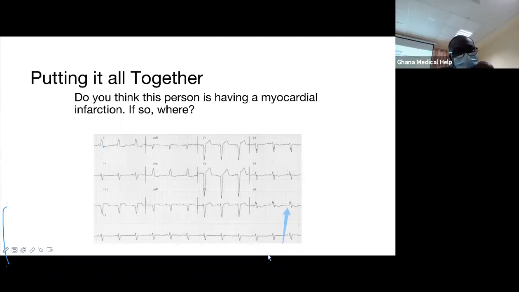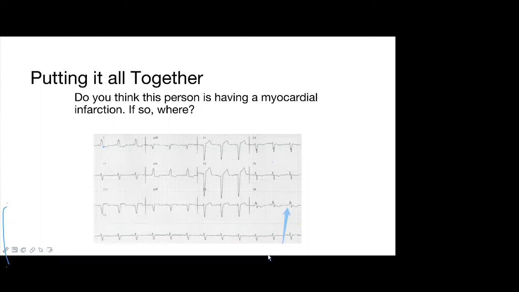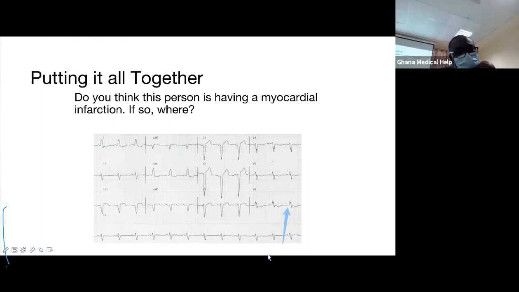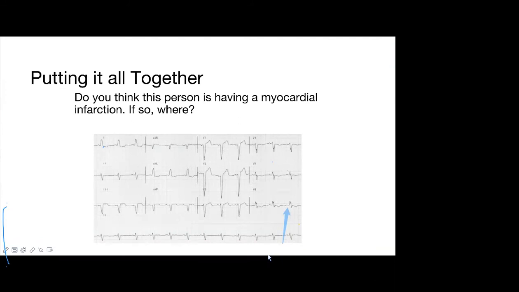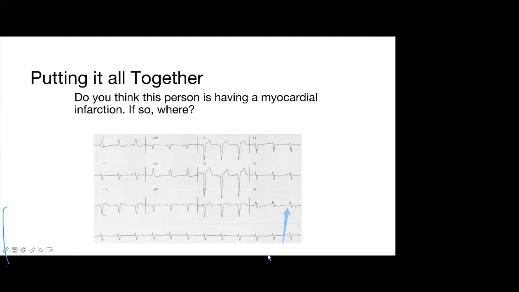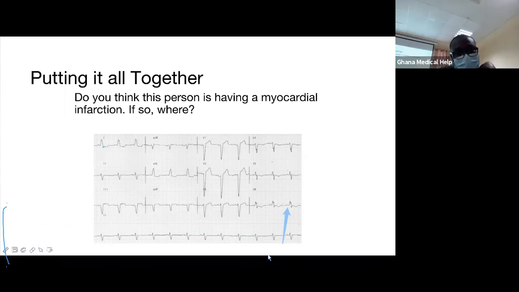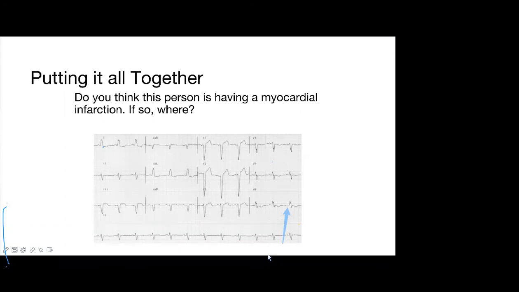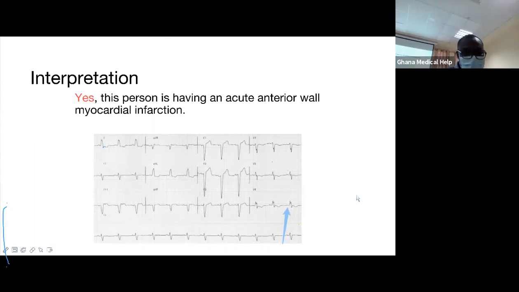So we said that right from V1 to V4, they look at the anterior aspect of the heart. Some people say that V1 and V2 are septal leads, but whether it is anterior going towards the septum or going towards the lateral aspect, they look anteriorly. So I agree with you. This is an acute anterior wall myocardial infarction. So we move ahead.